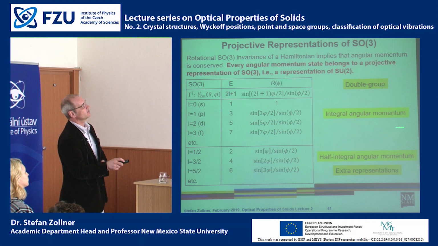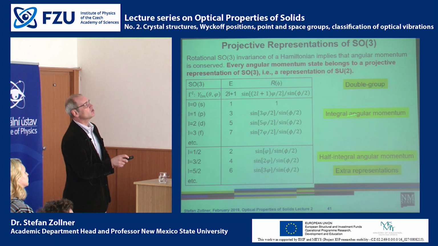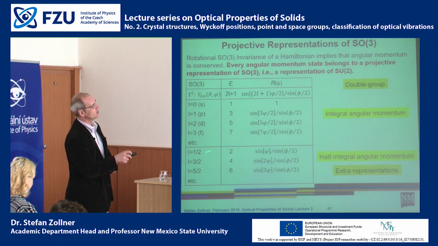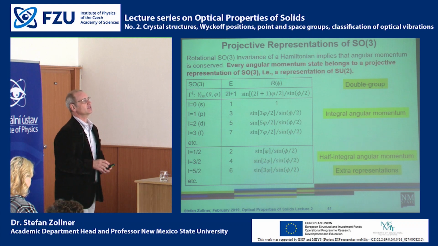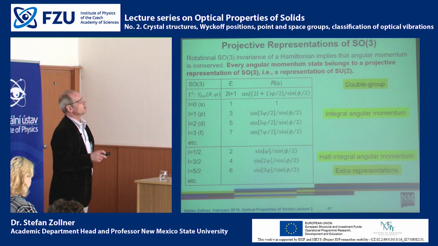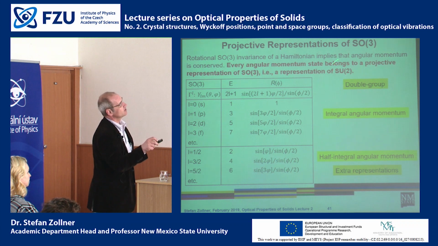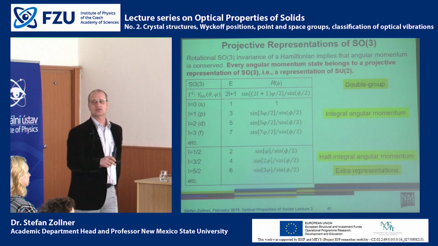These are the representations that we're normally dealing with. But the representations of SO3 are not the only projective representations. In addition, I need to consider those extra representations which belong to half-integral angular momentum. So in addition to the regular representations, I also have these extra representations. And therefore, this SU2 is sometimes called the double group that belongs to SO3.